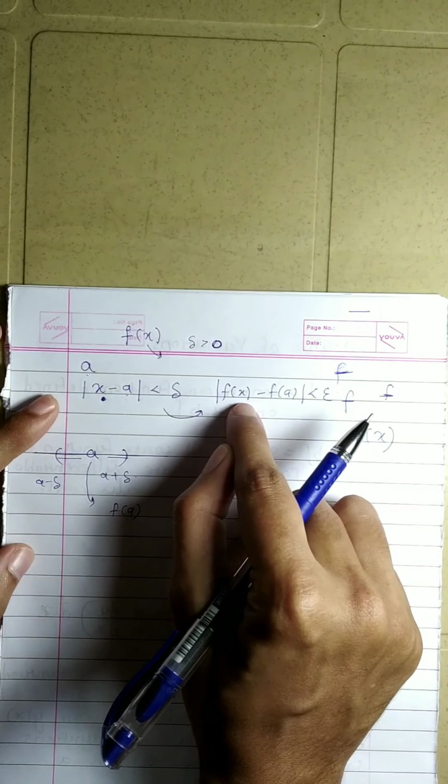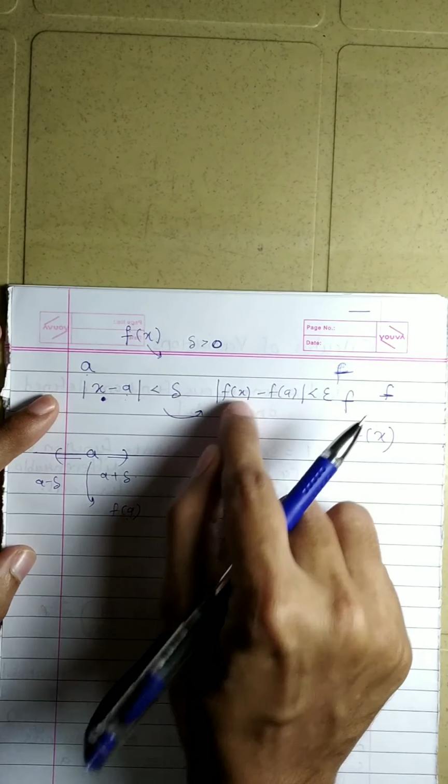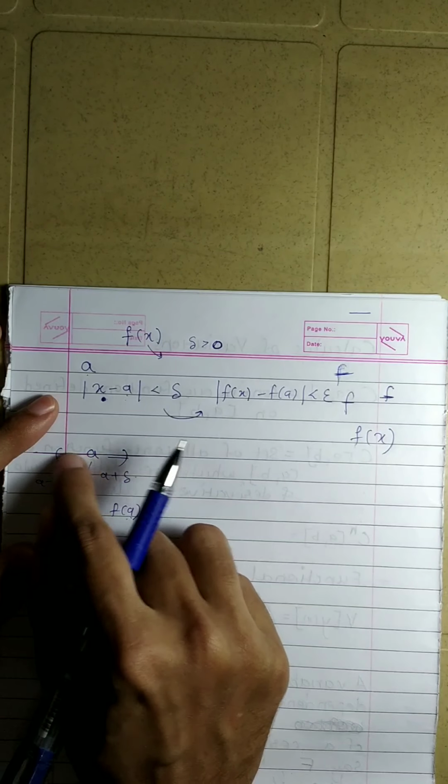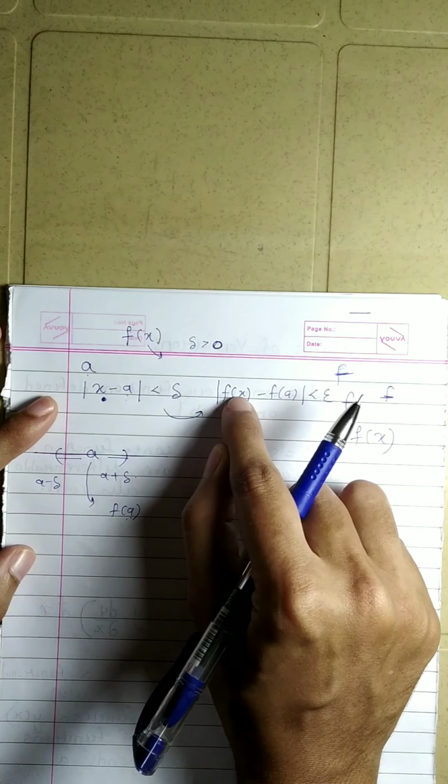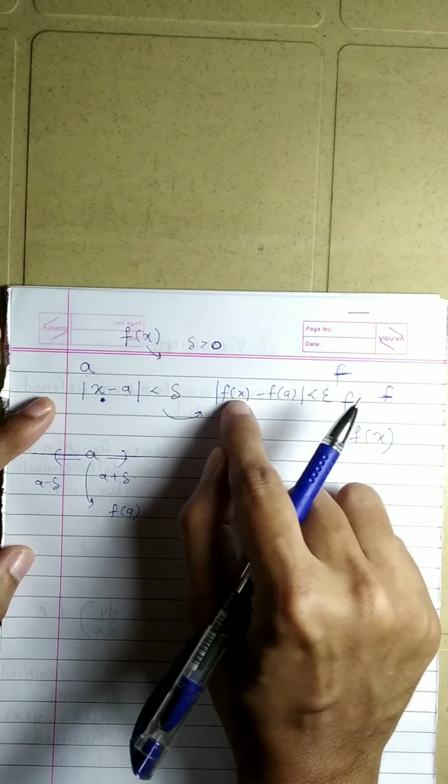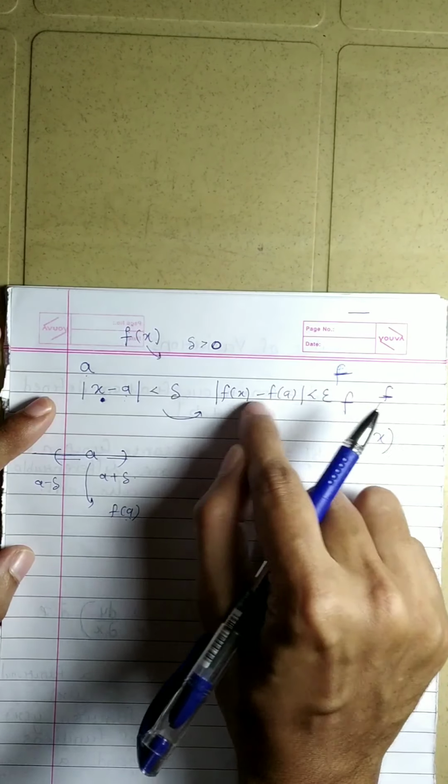That means the variation of the function values for all those x should be very small.